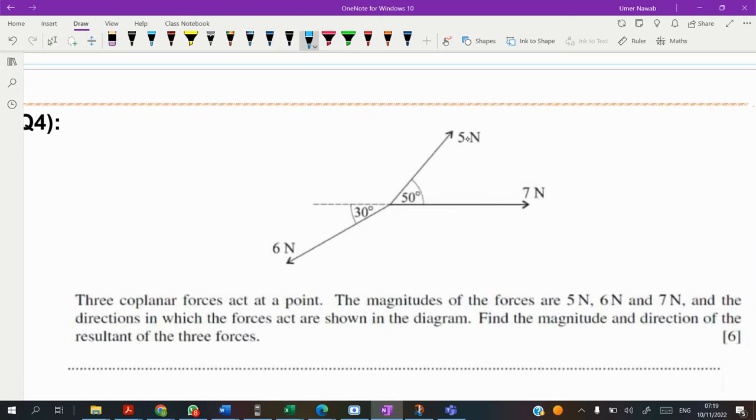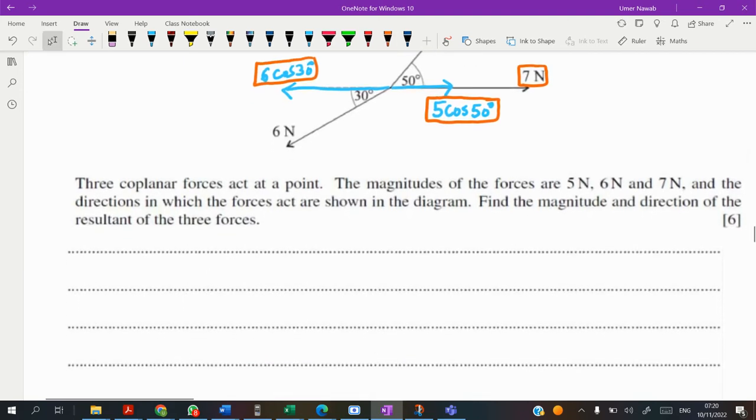So let's do the resolving. The x component of 5 Newton is 5 cosine of 50 degrees, and the x component of 6 Newton is 6 cosine of 30 degrees. So how many x components did I find? 7 Newton force, 5 cosine 50, and 6 cosine of 30.